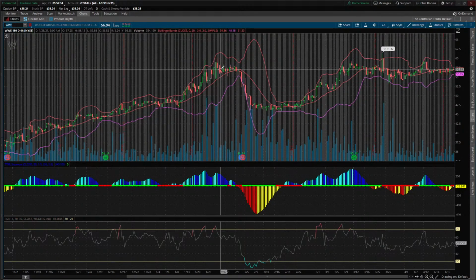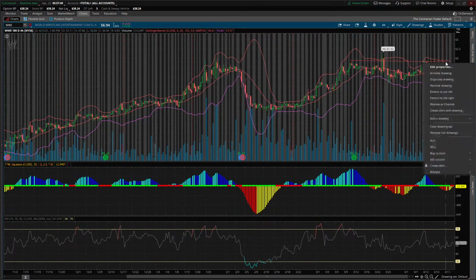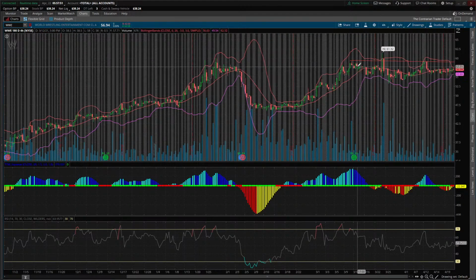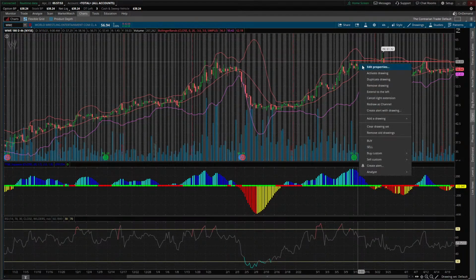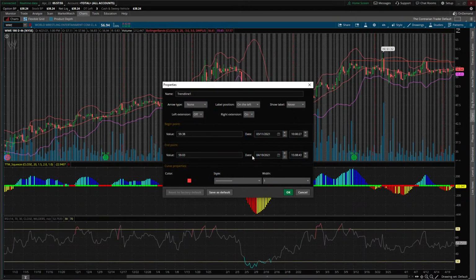And you can see here what we have is a cup with handle formation. And here's the play. I would ignore this gap up. I would look for a breakout above.